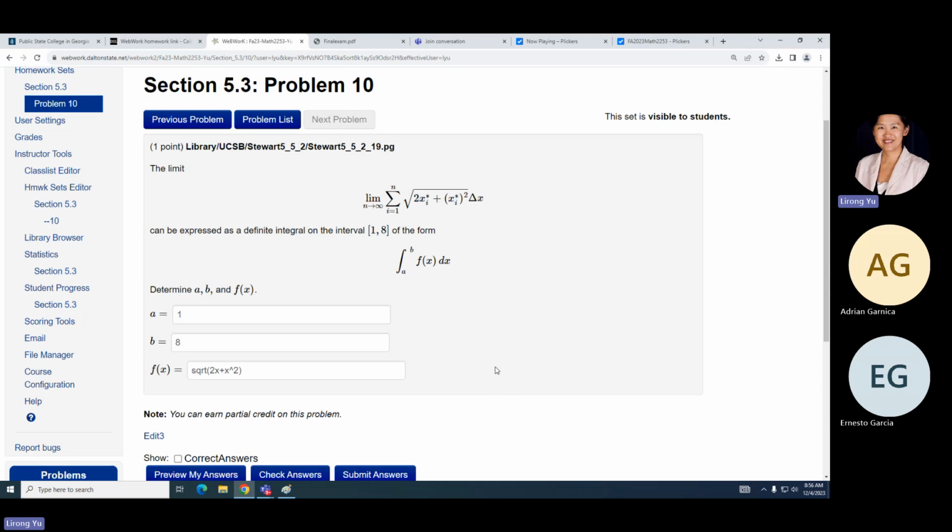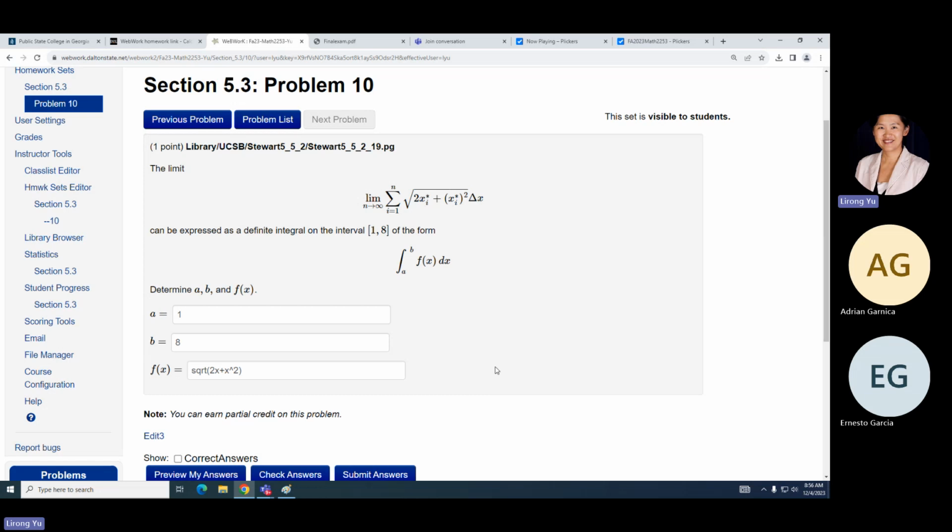This one is to turn the Riemann sum into an integral. So the 1 and 8 are a and b. The first two numbers are already given by the question itself. And then the delta x matches the dx.